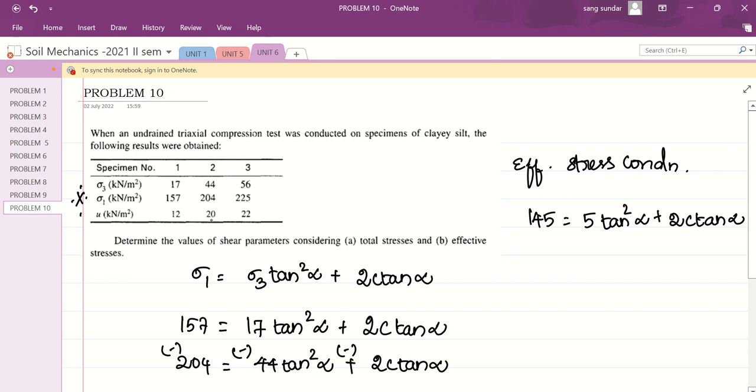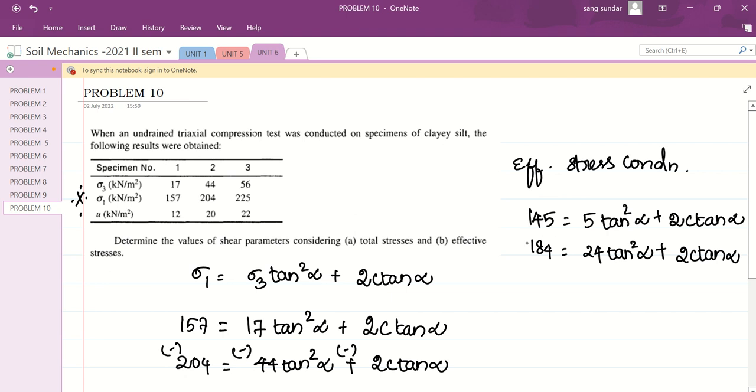Coming to the second set of results, you have to subtract 20 pore water pressure to get effective stress condition. So you will get 184 is equal to 44 minus 20, which is 24 tan square alpha plus 2c tan alpha.